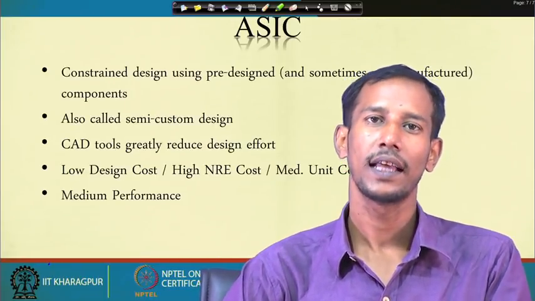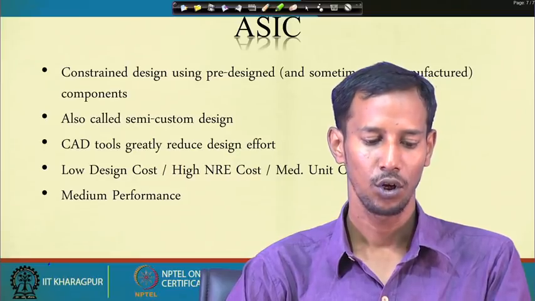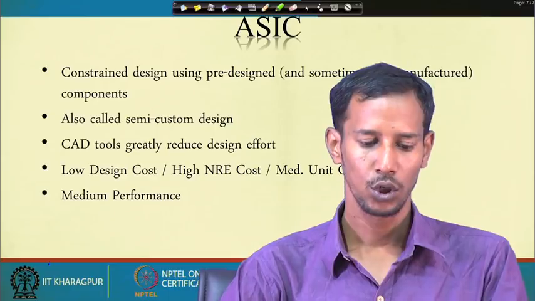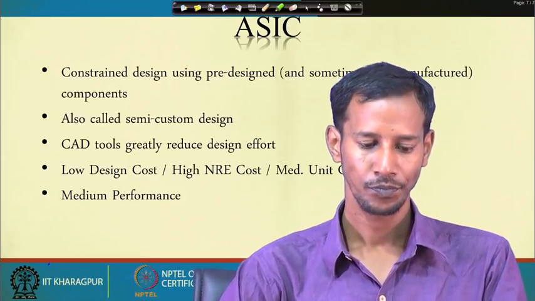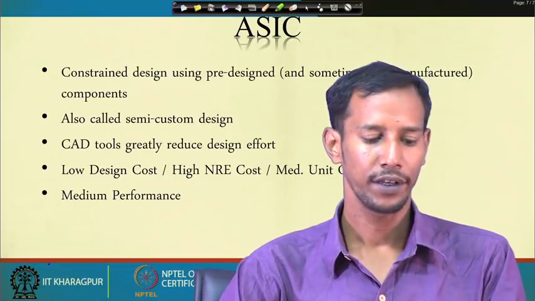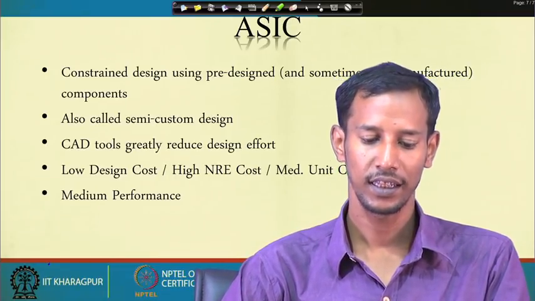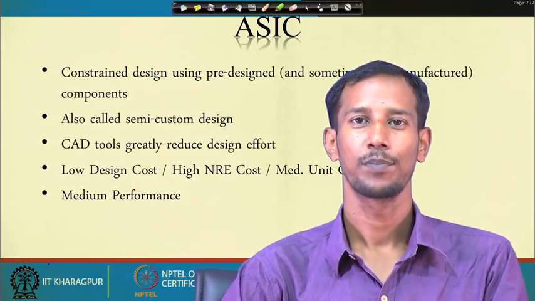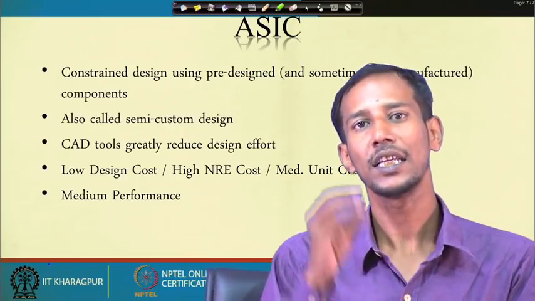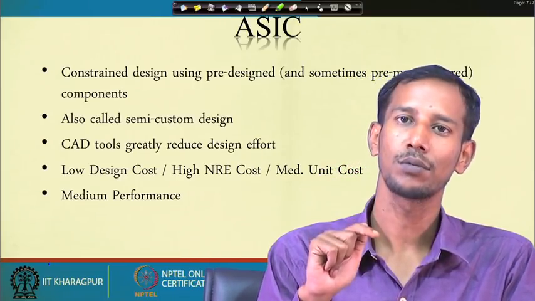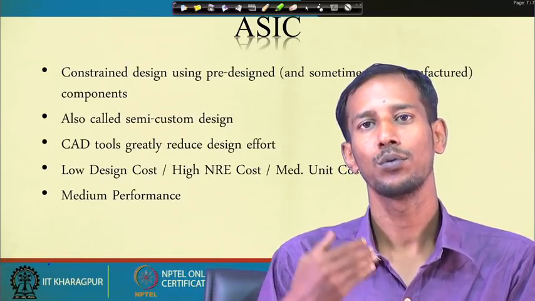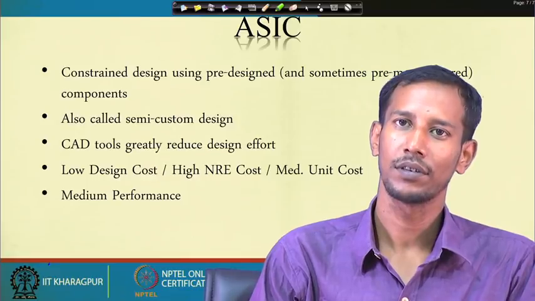So, then this application specific integrated circuit, which you can also call semi-custom design. Here, semi-custom design means, in the first point you can see, constraint design using pre-designed components. In full custom, as you might know, in VLSI design there are several steps.